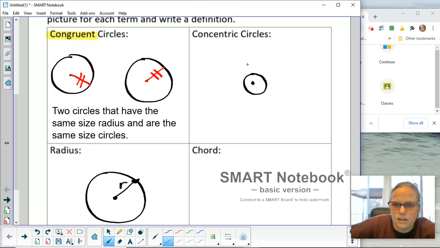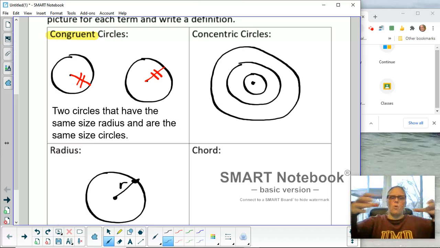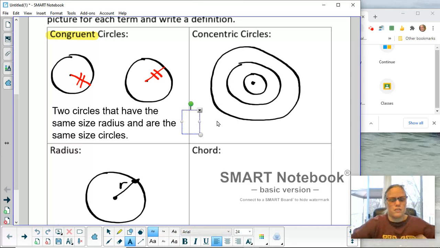Let me try that again. And then maybe another concentric circle where it's sharing that same center. So this also looks like the rings in water after you toss a stone into the water, how the rings go out from that same point where the stone hit the water. So in this one, concentric circles are circles that share the same center point.